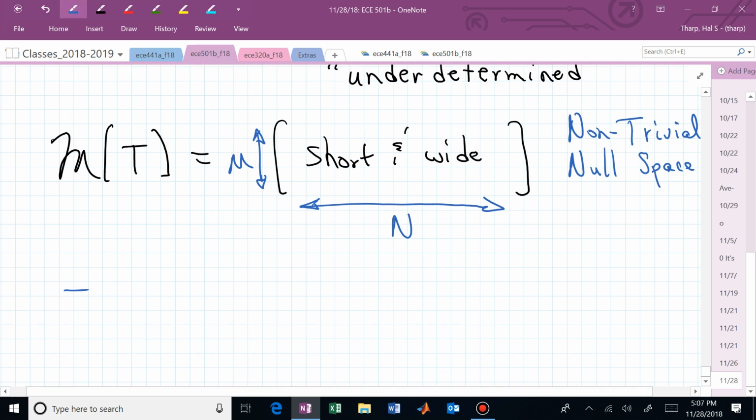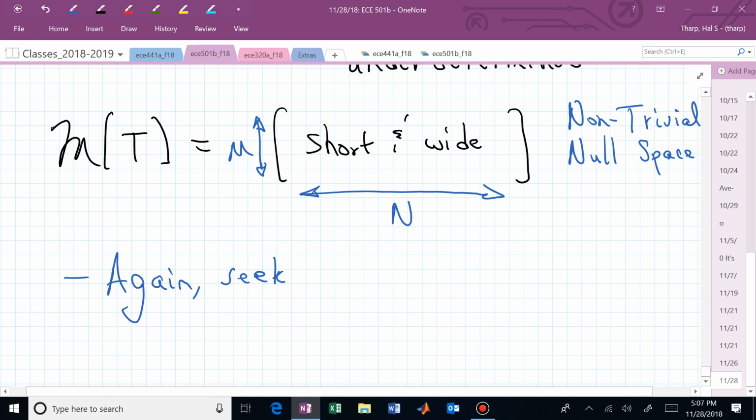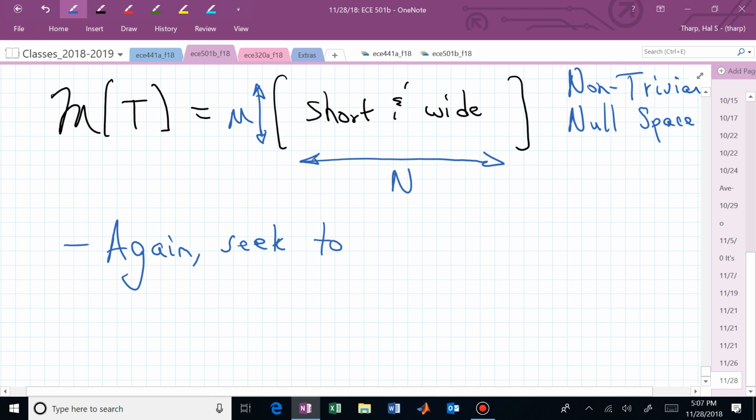And again, this is now this many to one. Again, we could seek the W hat that has the minimum norm. So again, seek to find the minimum norm solution.